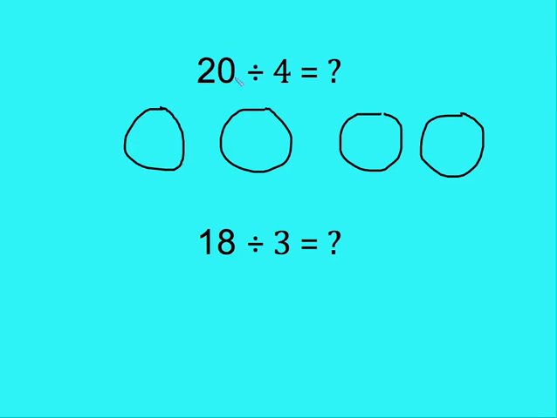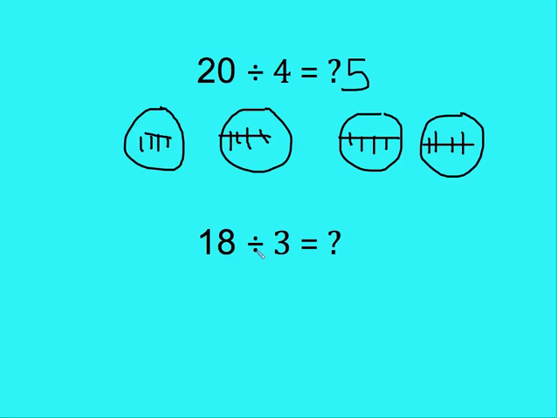So I want to take my 20 tallies and I want to share them equally within my 4 groups. 1, 2, 3, 4, 5, 6, 7, 8, 9, 10, 11, 12, 13, 14, 15, 16, 17, 18, 19, 20. I've used up all 20 and I've shared it equally amongst the 4 groups, and in the end I ended up with 5 in each group.